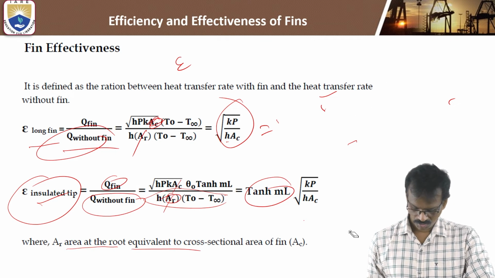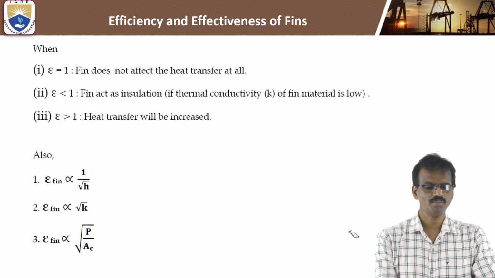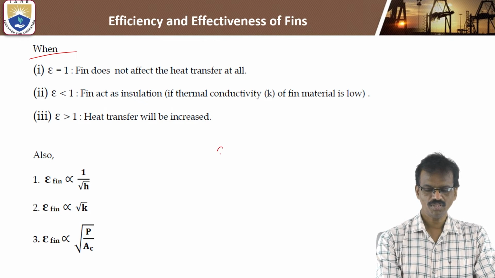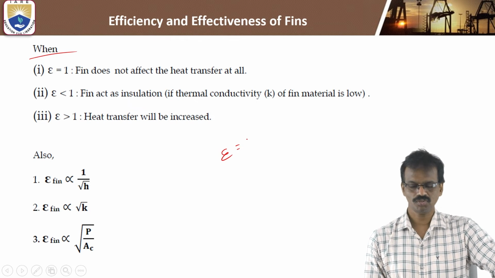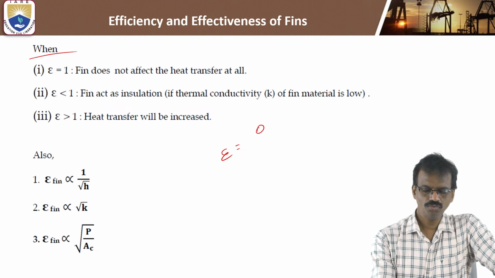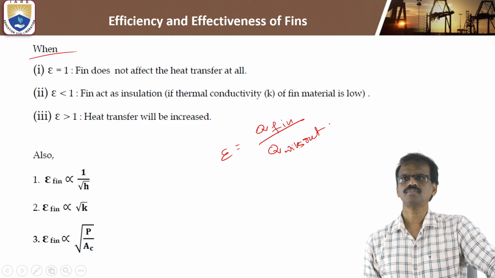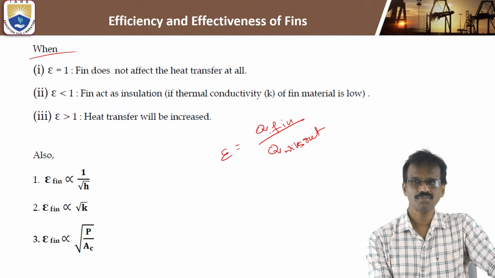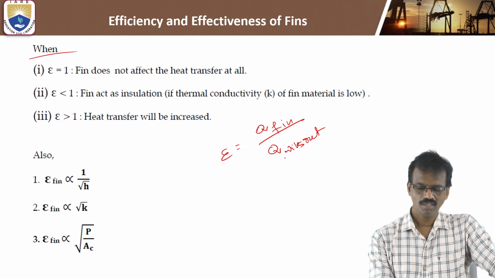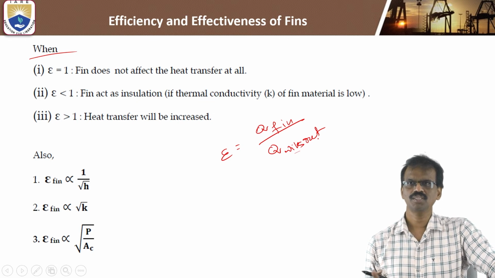Now we'll see a few notes, some points on the effectiveness. The formula: effectiveness is equal to Q fin by Q without fin, the rate of heat transfer when the fin is attached over the rate of heat transfer to the base without fin, when the fin is not attached.